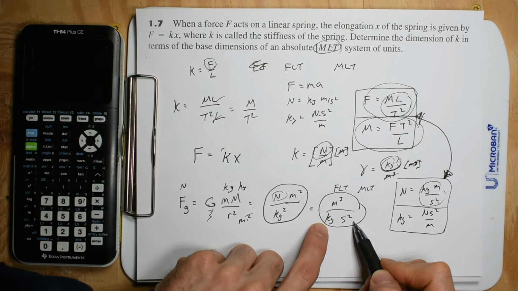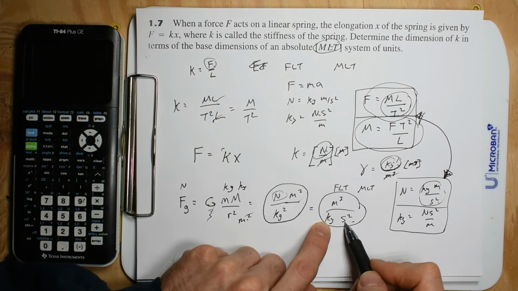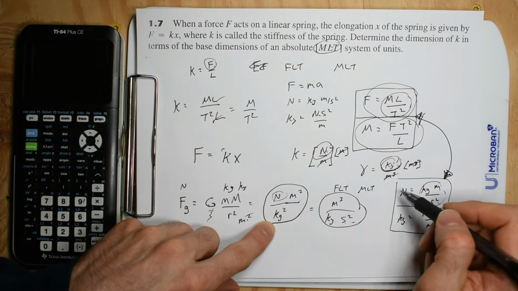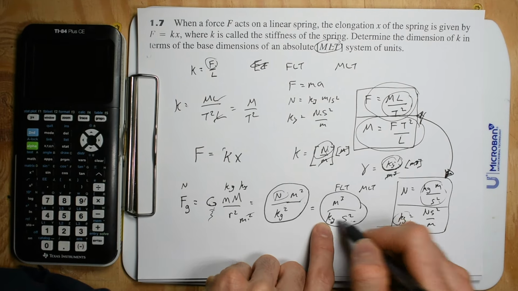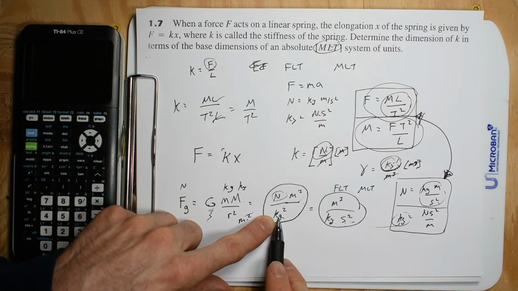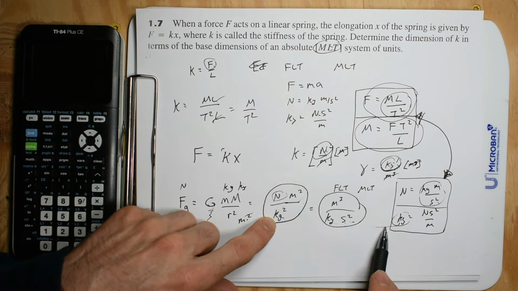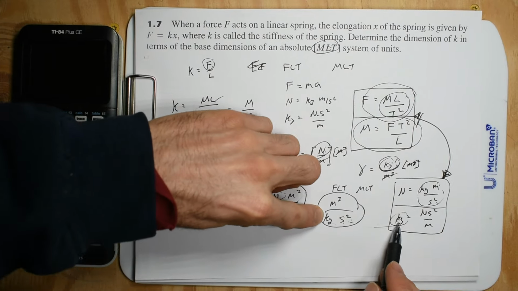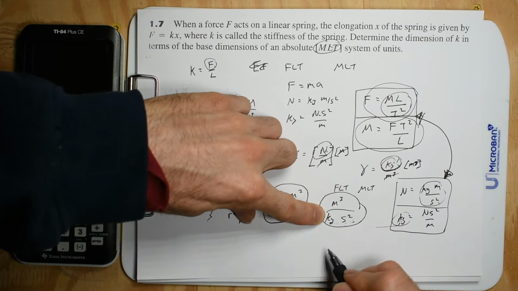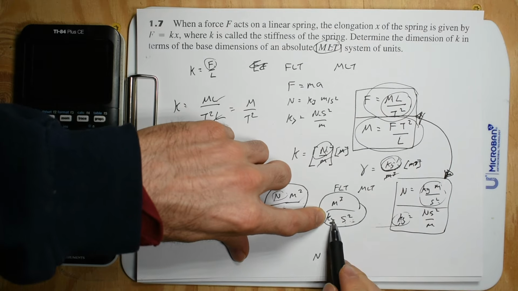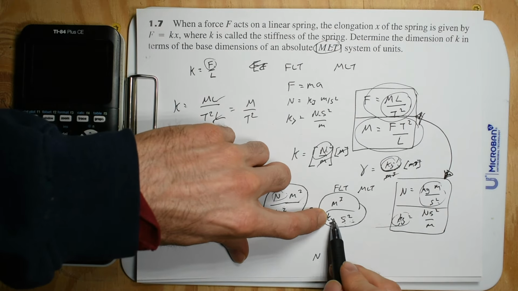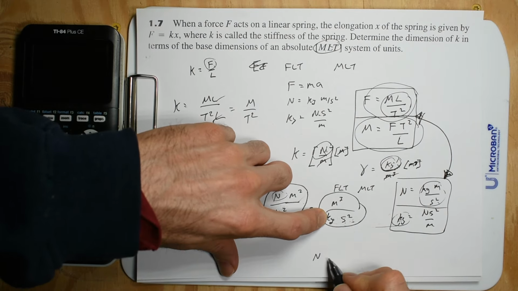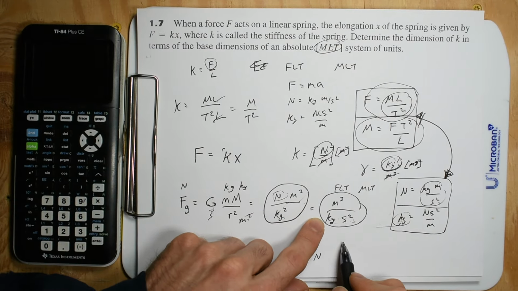Now we can do it all in newtons. We can substitute kilograms into this one or this one. You choose. You do you. If we do it into this one, we're going to get a Newton downstairs. We're going to get seconds squared downstairs, so we're going to have seconds to the 4th.